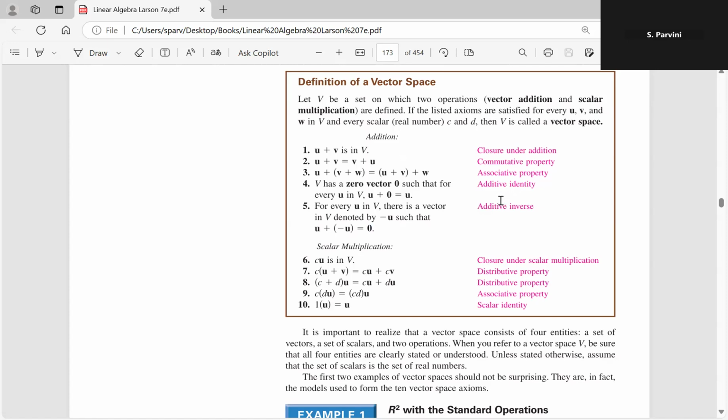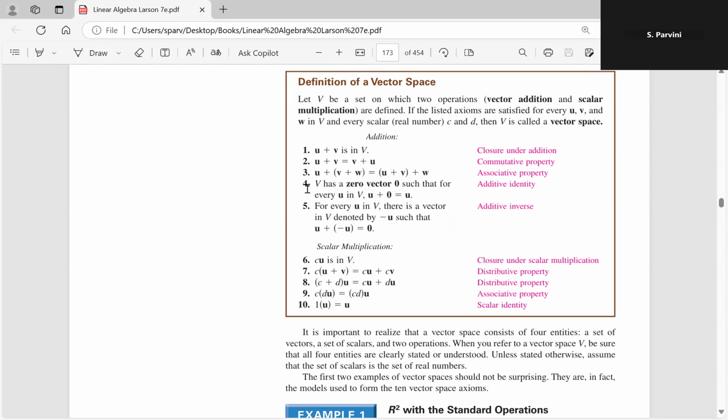Good. Therefore, looking at what you see here, we can, generally speaking, say that the vector space has four entities. You have a set of vectors, in this case, u, v, and here w. That's the first entity. And then you have a set of scalars, such as c and d.